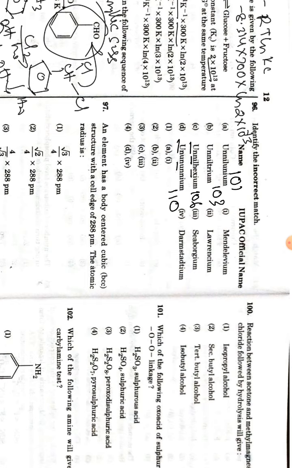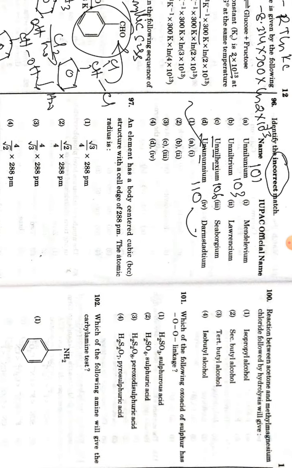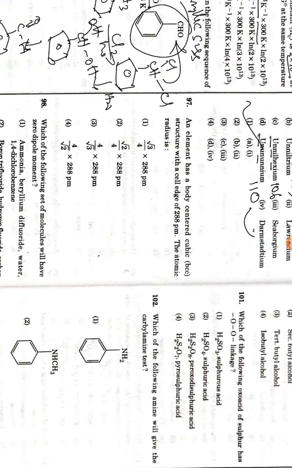So he asked to find the incorrect match. Okay, so this is lawrencium, this is seaborgium, this is darmstadtium, and unnilunium is not mendelevium. This is the first option, right?